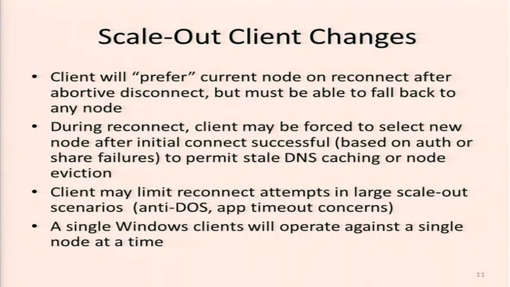And back to the conversation we just had, a single Windows client will operate against a single node at a time. So what does that mean? Well, it means exactly that, and it means that scale-out configurations are probably most useful when the ratio of clients to server is at a decent ratio.